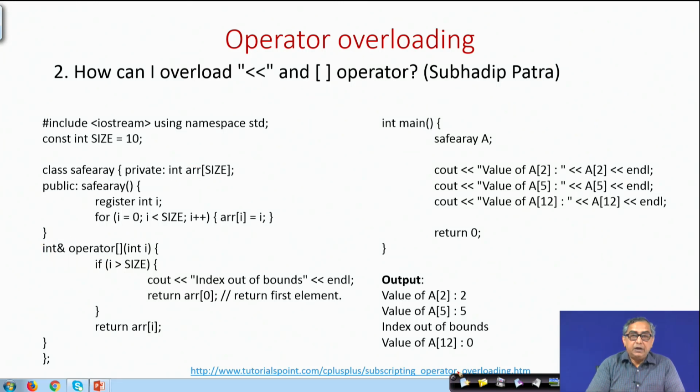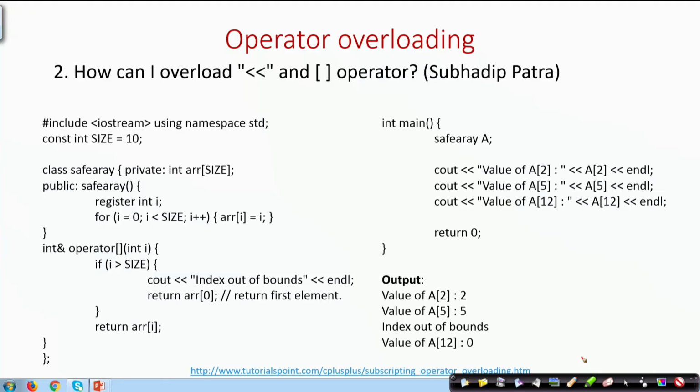Good. Now, what I wanted to do is show one functionality in terms of implementing this operator. As you know, if you define an array in C or C++, it has a fixed size, a size that you have specified, which is a compile time specification.